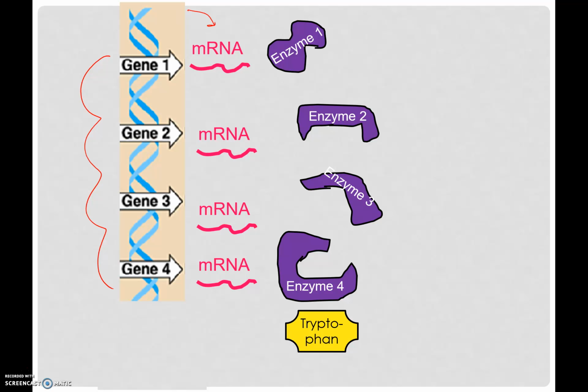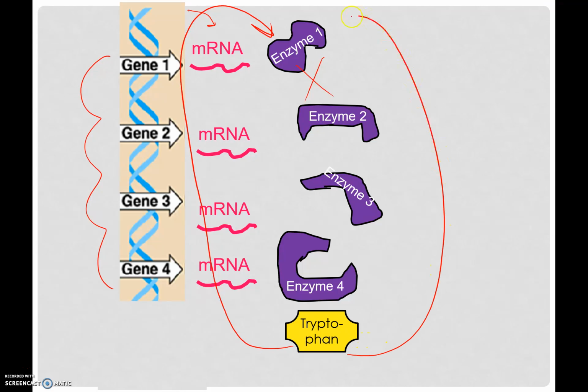So when we look at this process, we notice that as the tryptophan levels increased, they fed back and attached to that first enzyme and inhibited it. So this process is actually called feedback inhibition. The product feeds back and inhibits that first enzyme in the metabolic pathway.